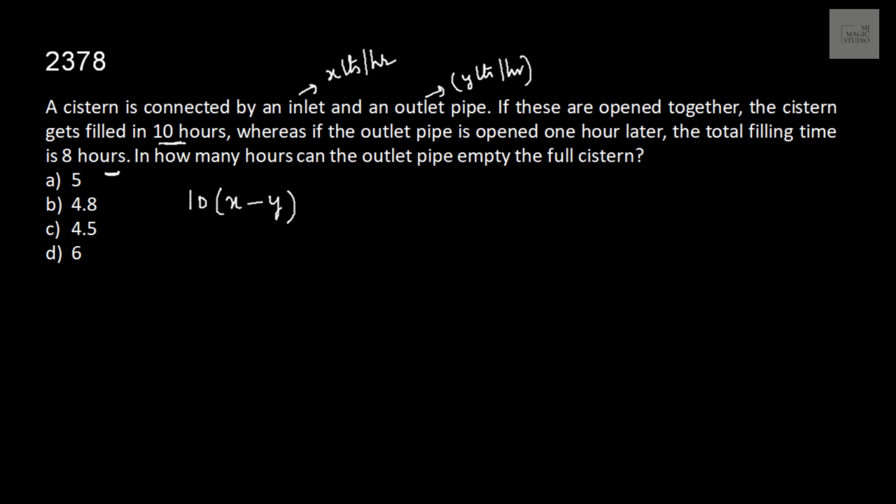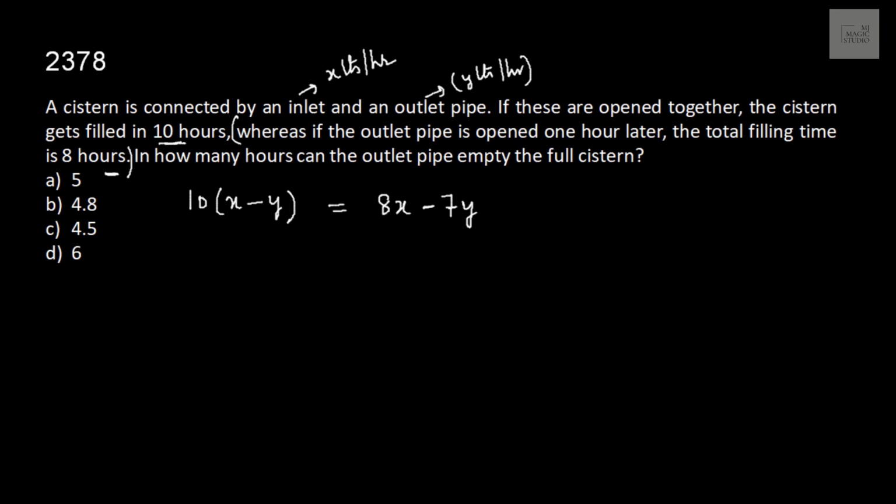That means the capacity of the cistern should be 8X for the inlay minus only 7Y. Why 7Y? Because the outlay pipe has worked 1 hour less than the total time.